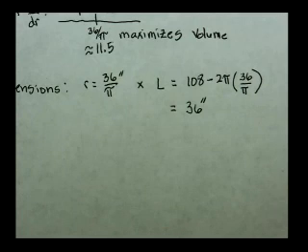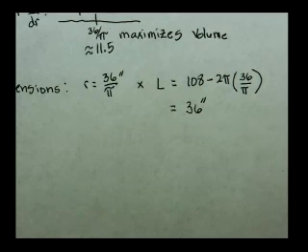Yes, ma'am. This is a crazy question, but how do you know which one is your primary equation, which one's your secondary equation? Primary equation is always what you're trying to maximize. Because the problem said maximize the volume, my volume equation was my primary.